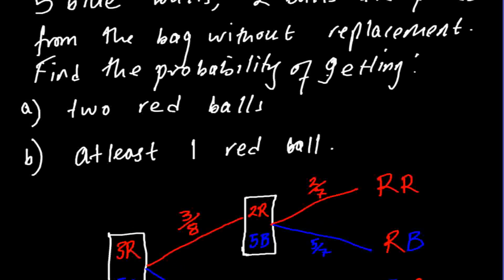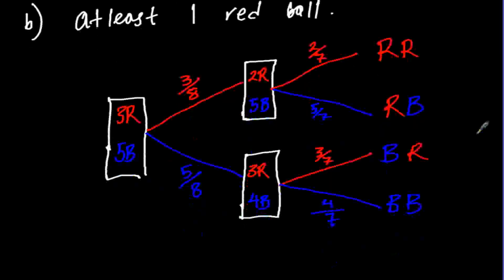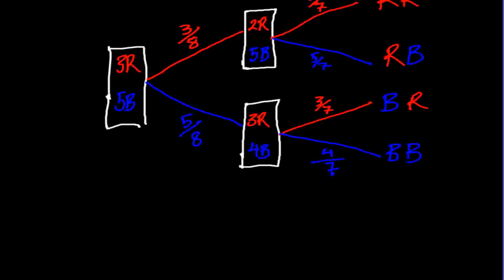The questions are telling us, part A, to find the probability of getting 2 red balls. And 2 red balls is when we get red, red. So we are going to find the probability of 2 red.